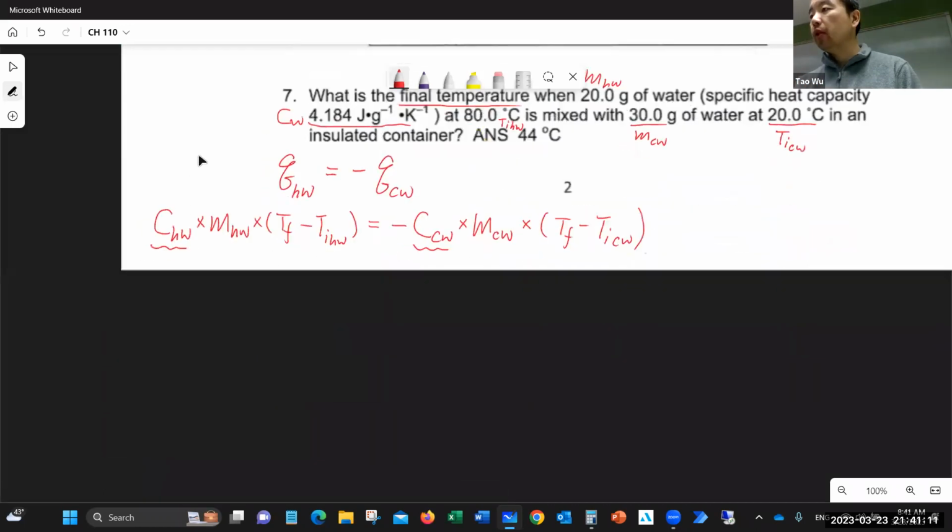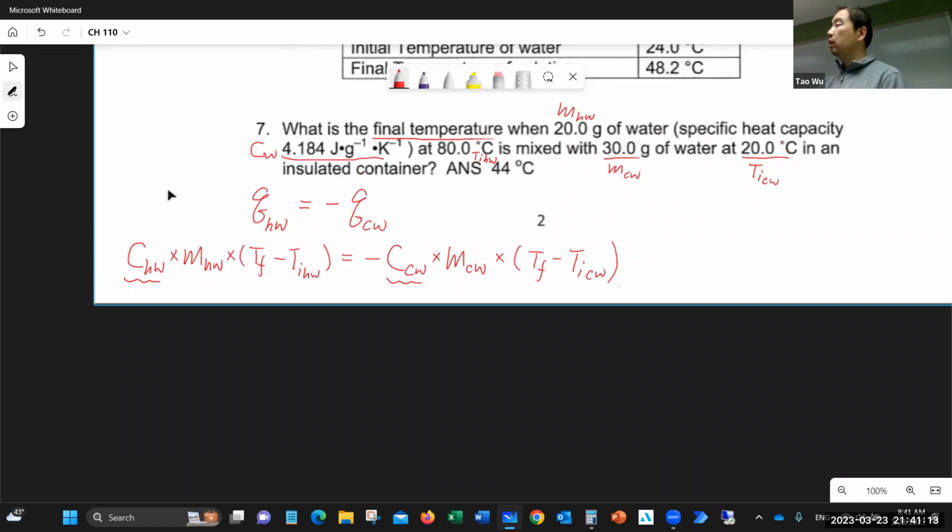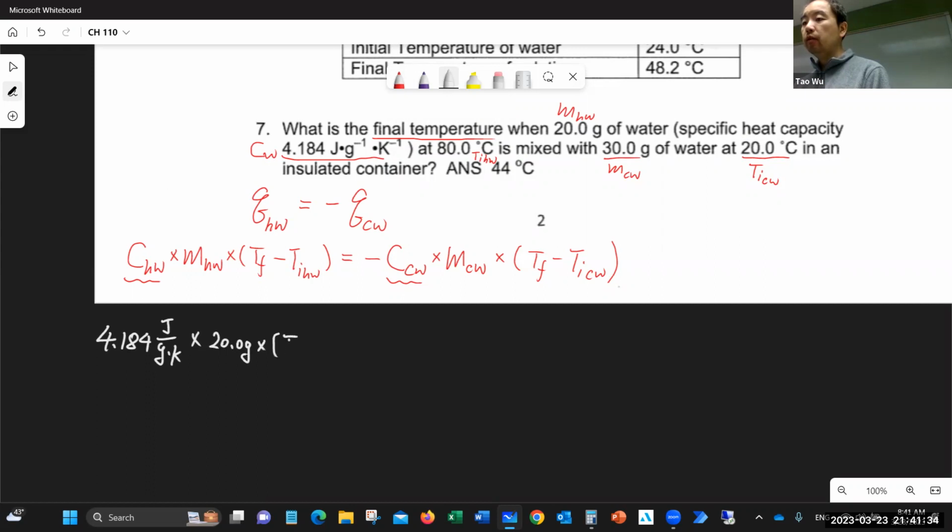Once you set up this equation, what you need to do is plug all the numbers in and solve the problem. Specific heat is 4.184 joule per gram per Kelvin, multiplied by the mass of hot water, which is 20.0 gram, times the final temperature subtract the initial temperature.